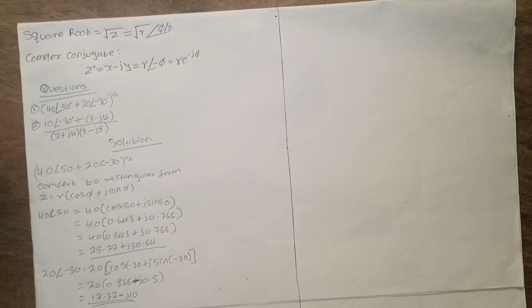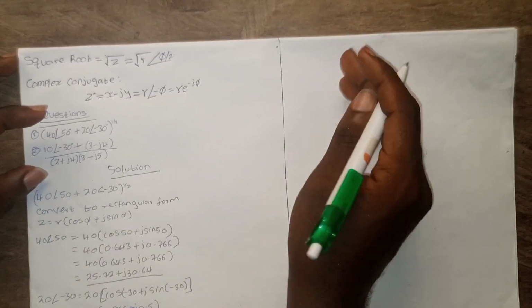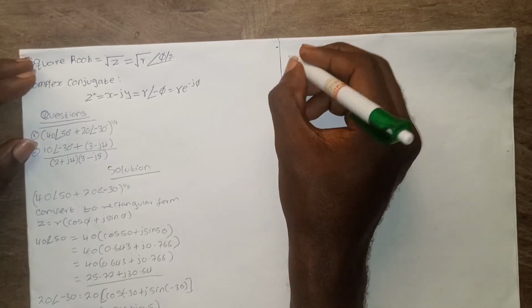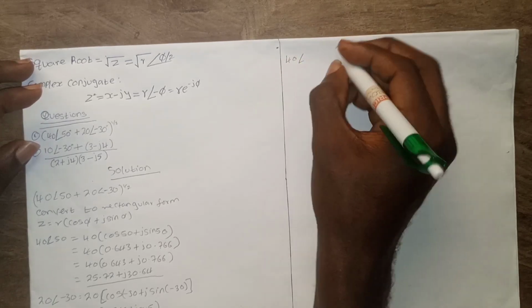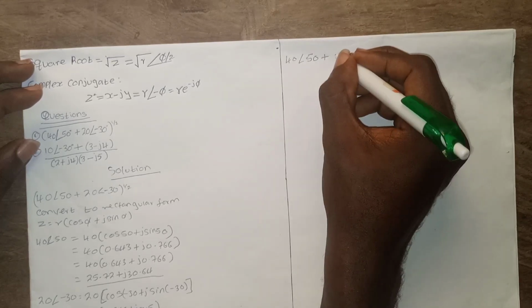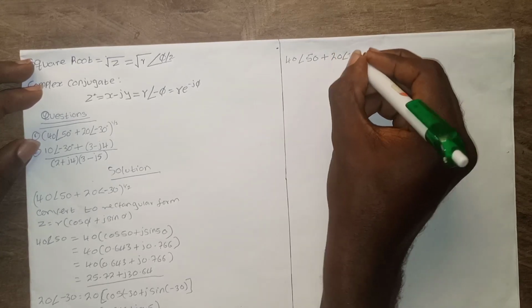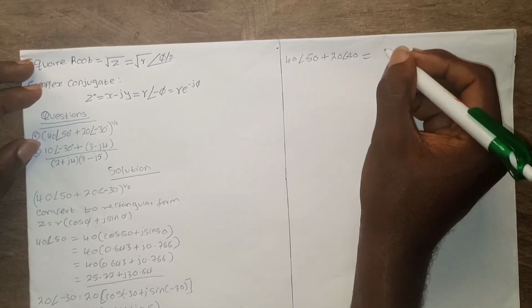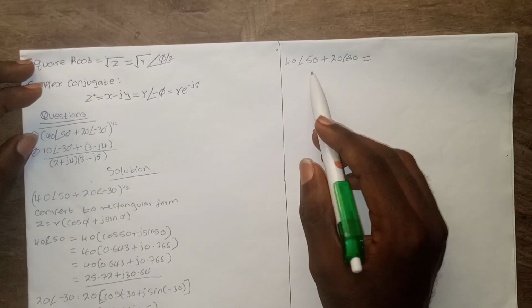So what I'm going to write next will be these two. That is 40 angle 50 plus 20 angle minus 30 when we convert it from the polar form to rectangular form.